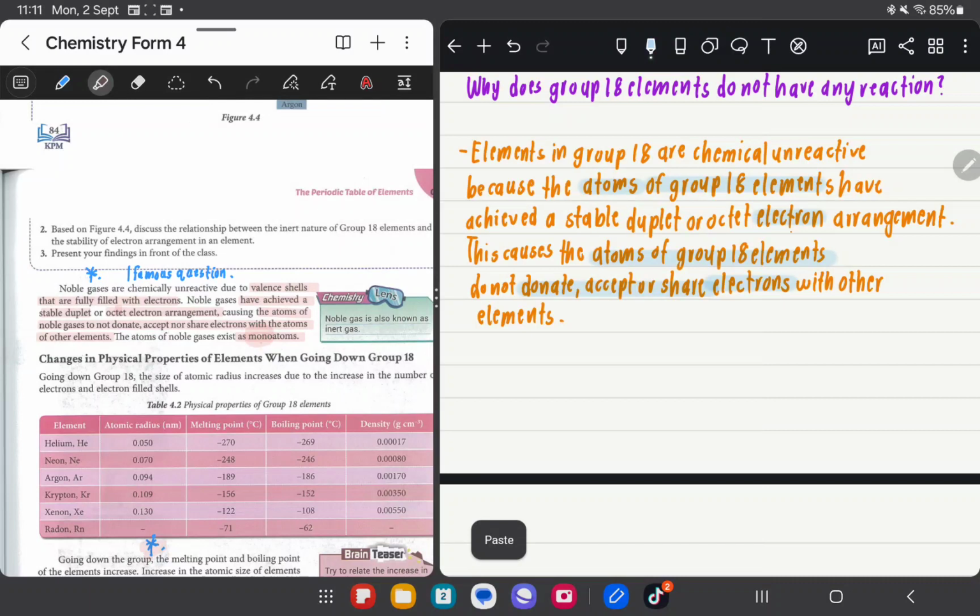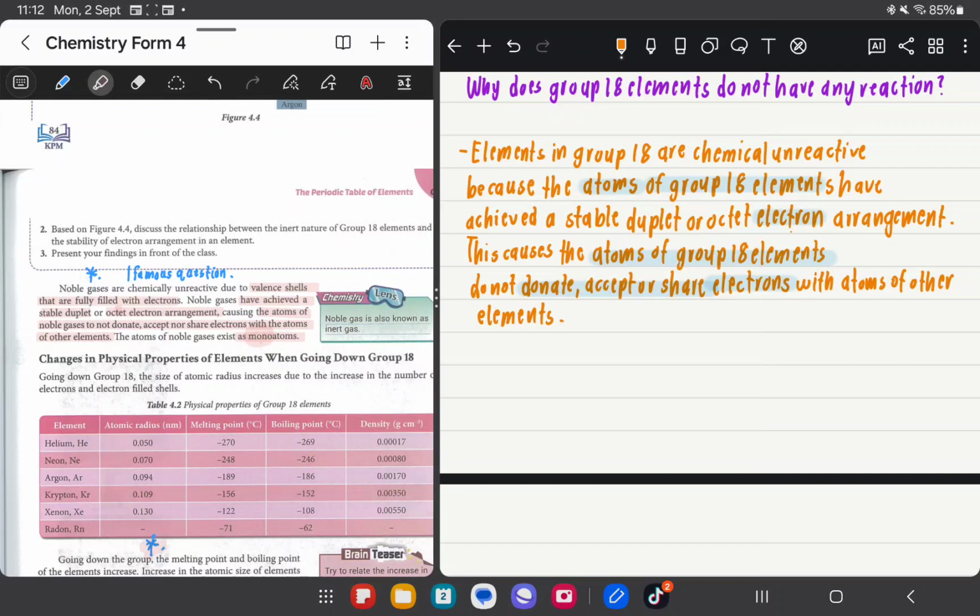I remember DAS actually. Saya remember DAS kat sini. DAS. Donate, accept and share electrons with atoms of other element pun boleh or with other elements pun boleh. Okay, so tak apa, kita betulkan sikit, with atoms of other elements. Dapat?